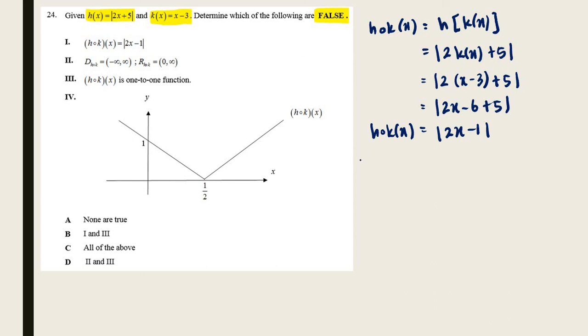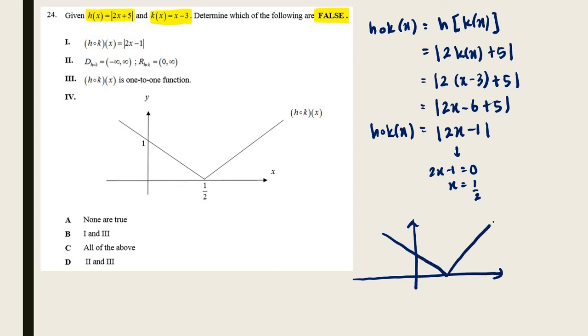So 2x minus 1 is equals to 0, x is equals to 1 over 2. So actually this graph is correct. That is how we sketch our graph. Our graph here touches at 1 over 2.